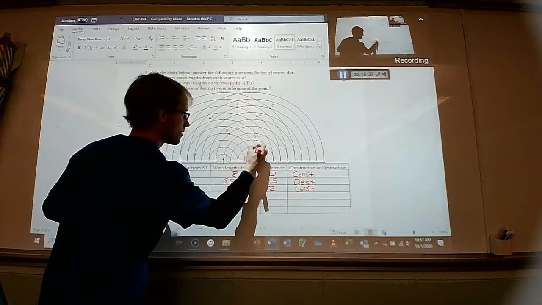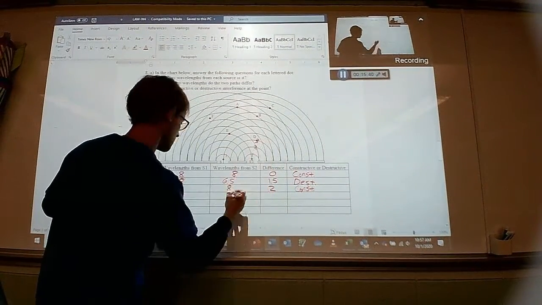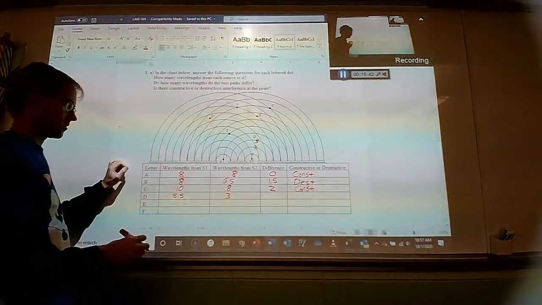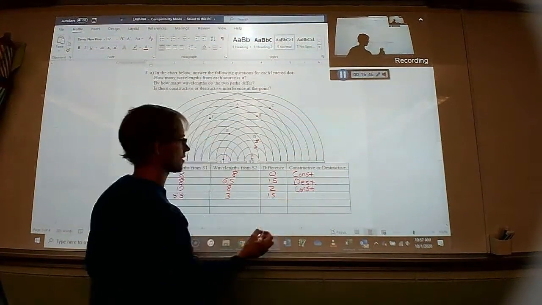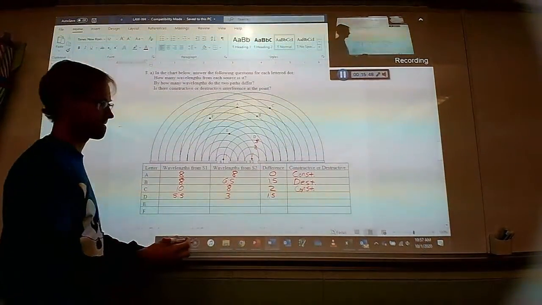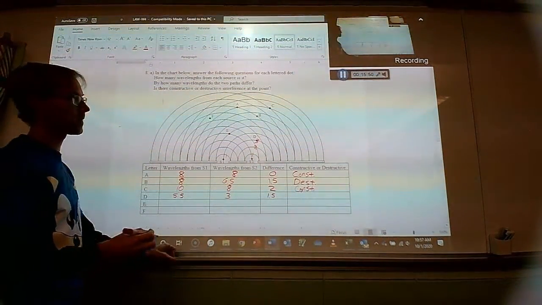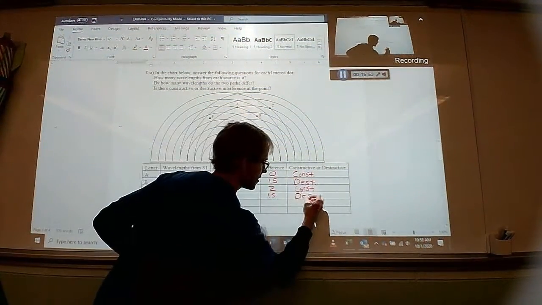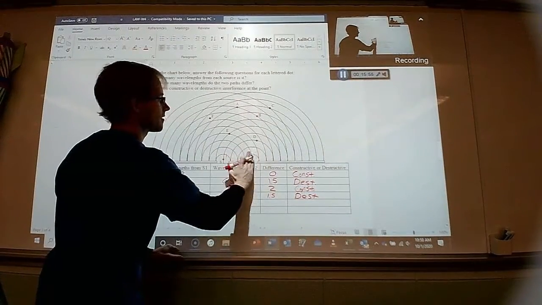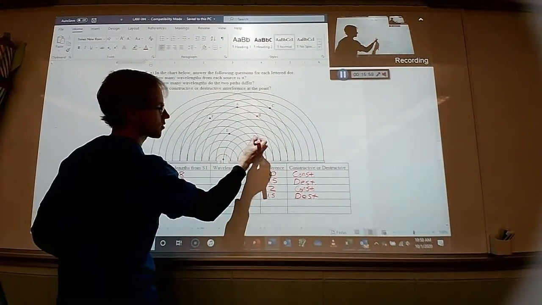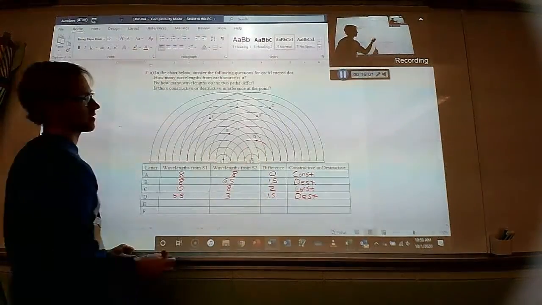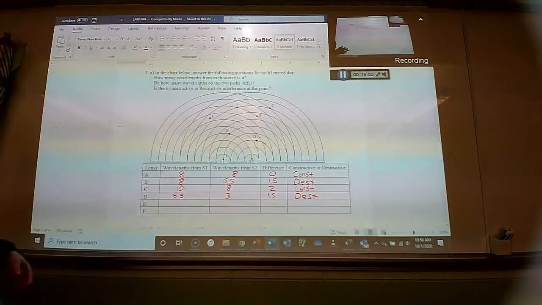We've got 1, 2, 3. So now we've got another difference of 1.5. Constructive or destructive? Destructive, yes. And you can tell it's destructive because it is on one crest right here, but it's exactly between two other crests. So you've got a crest and a trough in that location.